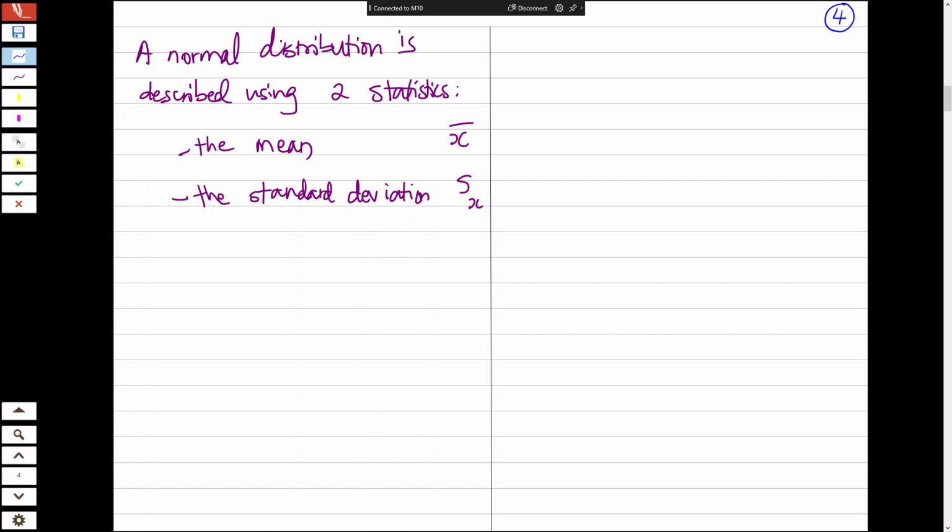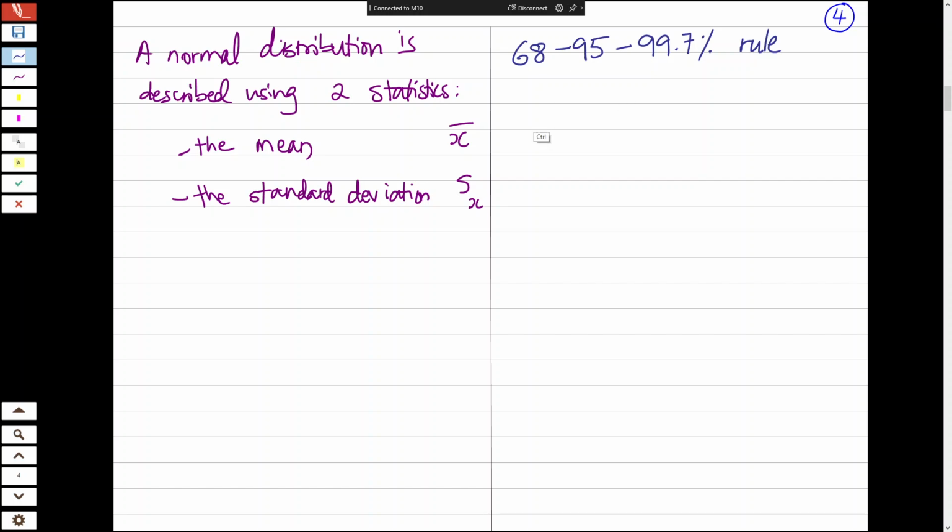Okay, this is what we need to know about the normal distribution. A very, very simple rule. It's called the 68, 95, 99.7% rule. Once you know this rule, you are good to go with the next part of the textbook.